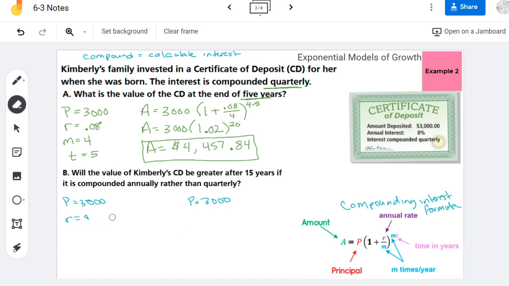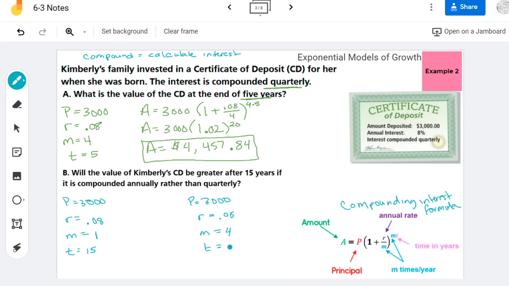But what we're doing is comparing our compounding rates. They want us to look at what if it's compounded annually, so once a year, versus quarterly, which is 4 times a year. And they want us to do it for 15 years.